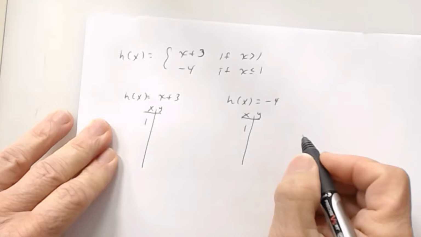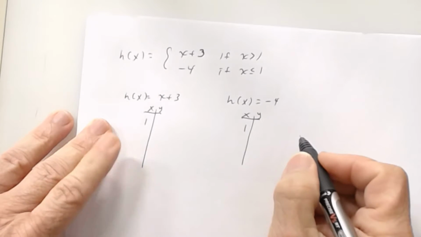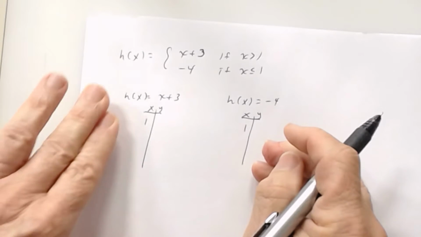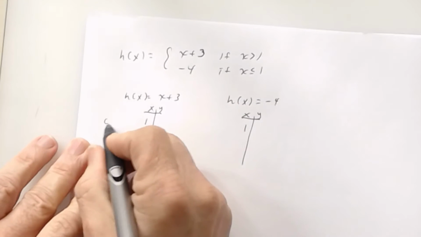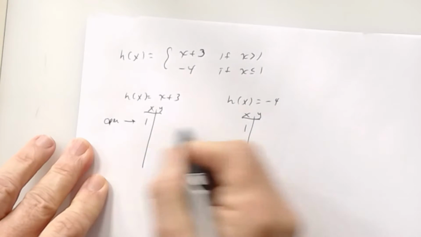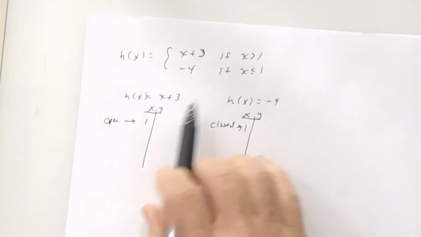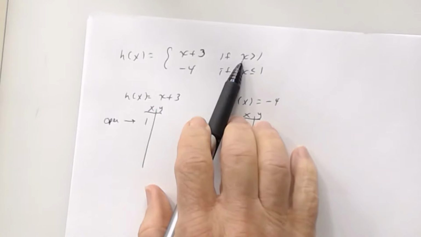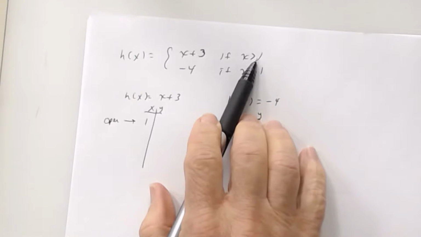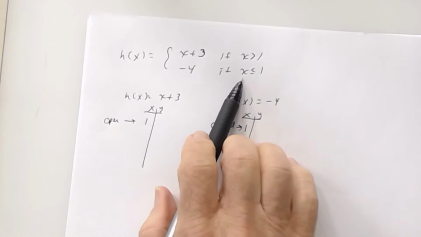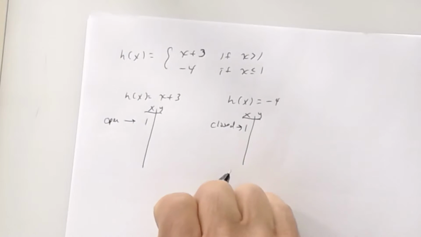Which one's going to be open? Left or right? The left one, right? And the other one's going to be closed. Because remember, if x is 1, 1 is not greater than 1. So that's going to be open. The bottom one is where x equals 1, so that's going to be closed.